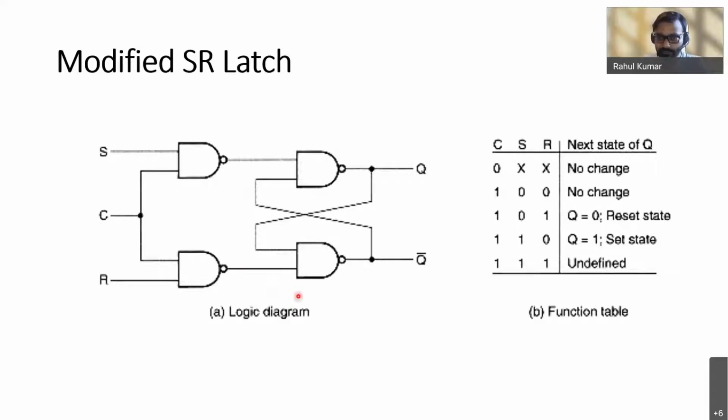So this part is the same as the previous circuit of SR latch which we have discussed. What we do is we add two additional NAND gates, right? And connect one of the inputs together and call it C, right? And your two inputs are S and R. Along with that, you have a third input C.